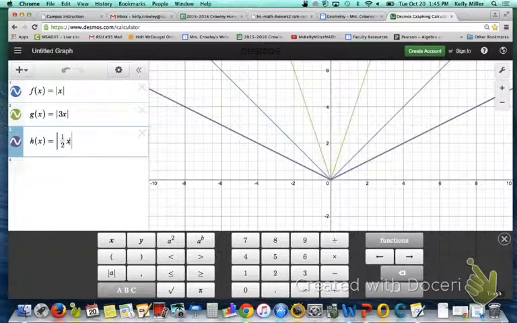And when your a is between 0 and 1, it's a horizontal stretch. Okay.